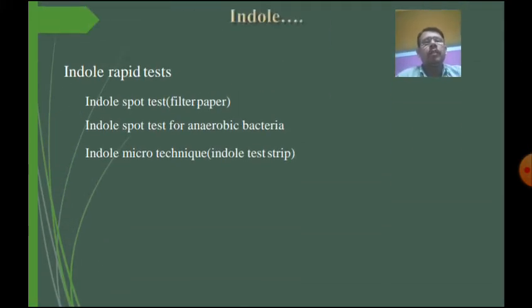Besides the indole tube test, another test is the indole spot test using filter paper. The indole spot test is for aerobic bacteria, and there is also an indole microtechnique and an indole test strip.